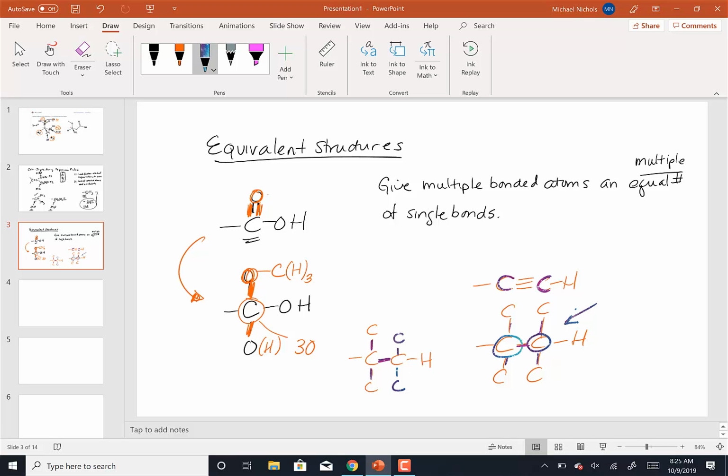We only add carbons to the pre-existing atoms. And then all of these would become CH3s if I got that far. So we only add these extra atoms to the pre-existing atoms. We don't add atoms to the atoms we add as the equivalents.